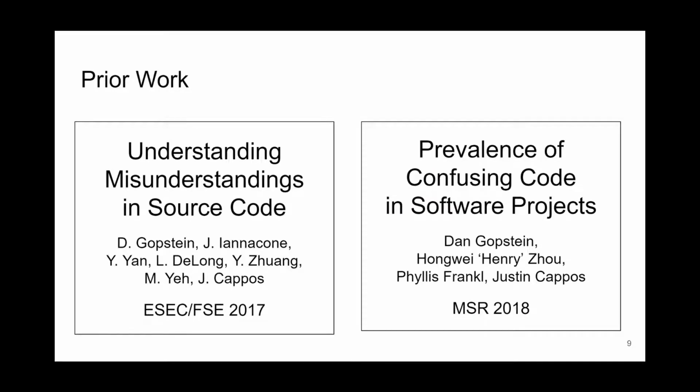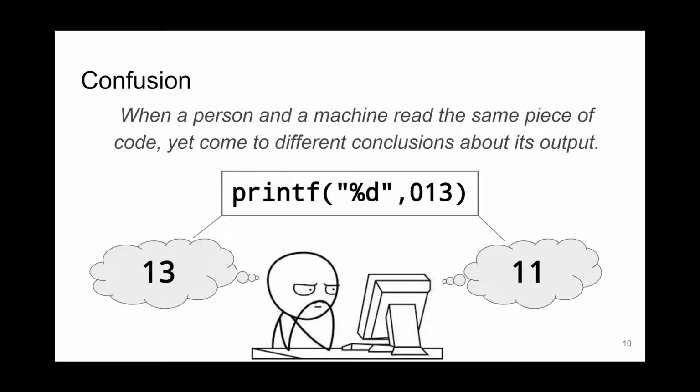These types of correctness-based hand evaluation studies formed the basis of 2 other papers that my group conducted, and those papers were primarily investigating what we called confusion, which is when a person and a machine read the same piece of code yet come to different conclusions about its output.